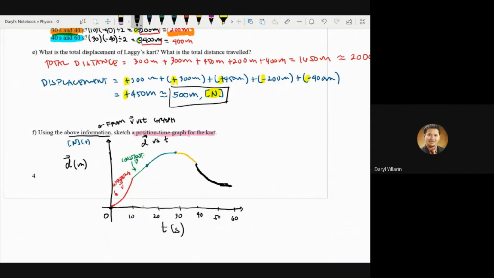So that's from 40 to 60 seconds. And since I got 450 meters as my final displacement, if I project this at 60 seconds, the object would be at positive 450 meters. So by just the information that I have, this should be around 450 meters here.